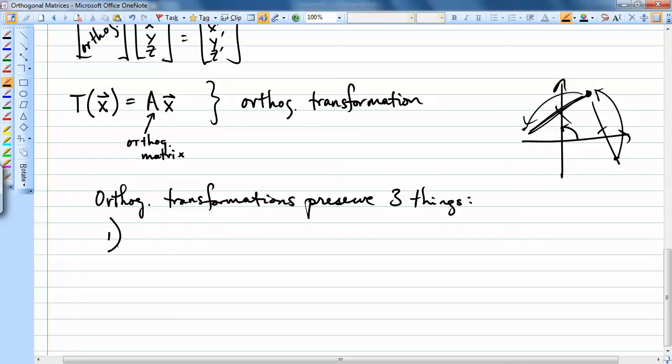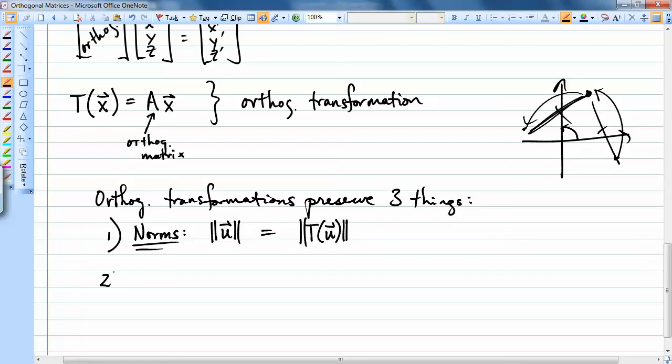One thing that they preserve are lengths or norms. So that means that if I'm working in the original world of just regular vectors u and v, the magnitude of u is going to be the same thing as the magnitude of the transformed version, T of u. These guys are going to be the same.